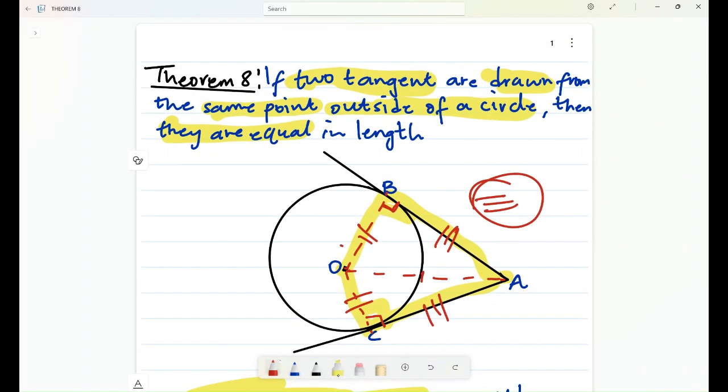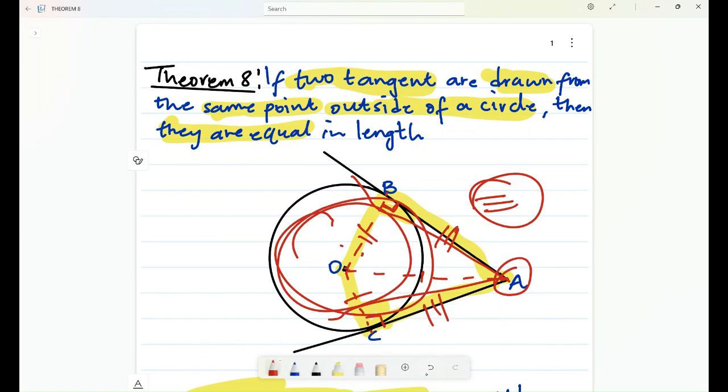What you need to know is that if you have a tangent from a common point A outside of a circle, and both of them are tangents to this one circle, with center O, then those two tangents are equal in length.